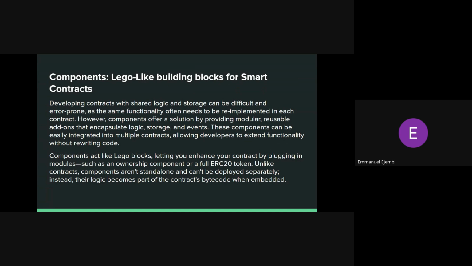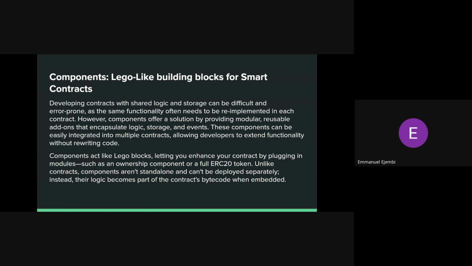So with subsequent versions of Cairo, components were introduced, and components are Cairo's way of implementing the concept of encapsulation. With components, you can abstract units of your code into modules, and when you want to perform a particular task, you just plug that module into your contract, and you have everything ready to go, and it saves a lot of time.